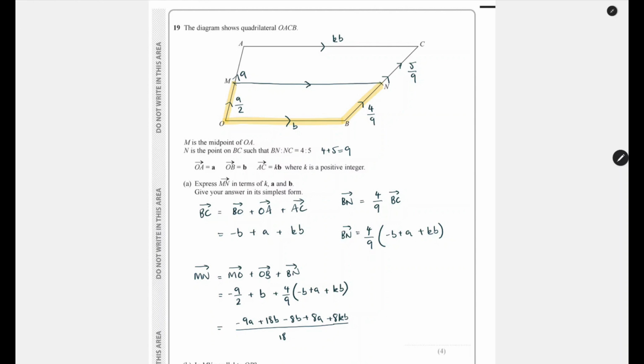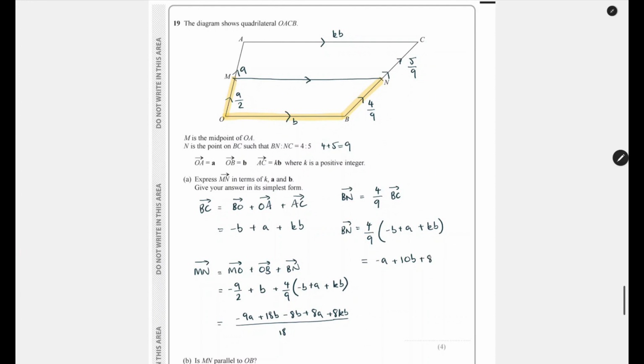Now if we collect the like terms, we'll do that here. So minus 9A plus 8A gives us minus 1A. 18B minus 8B gives us 10B. And then the plus 8KB all over 18. And that is our answer.